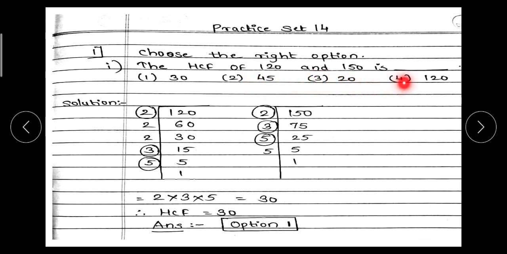We have to choose one correct option from this. So students, how will we get the HCF of 120 and 150? We have to find out the prime factors of 120 and 150 first, right?